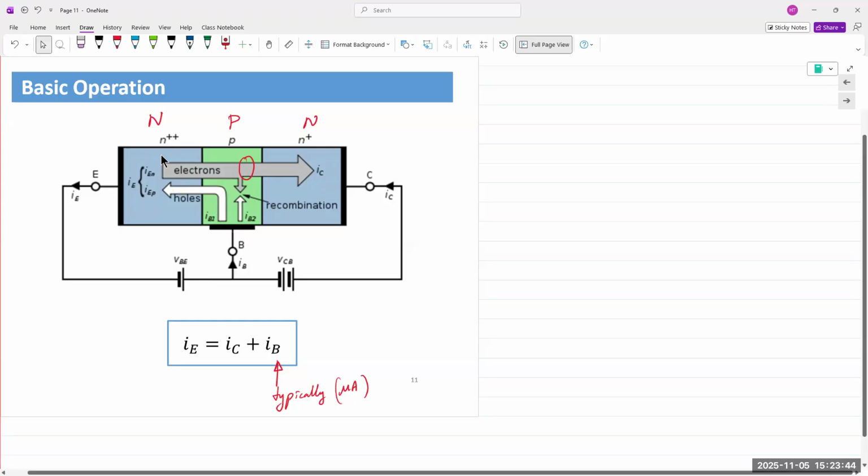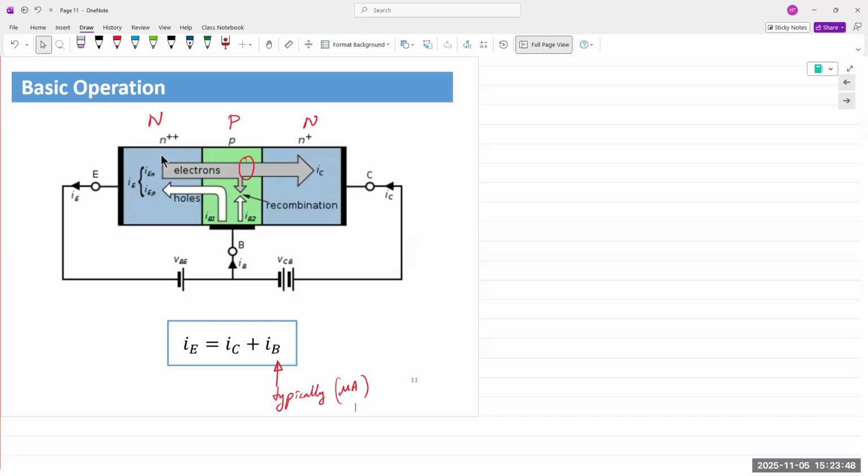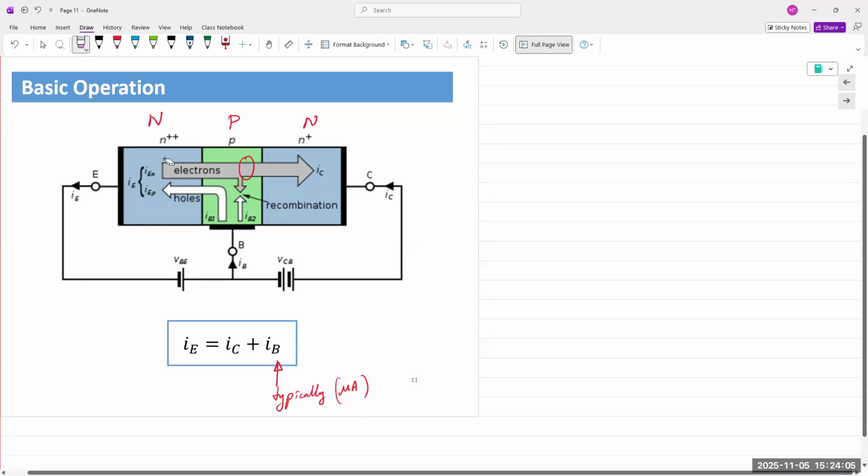All right, so now from chapter 2 and chapter 3. In an N-type semiconductor, holes are the minority carriers. Electrons are the minority carriers in a P-type semiconductor. So when you have electrons coming into the base, they are minority carriers, okay?